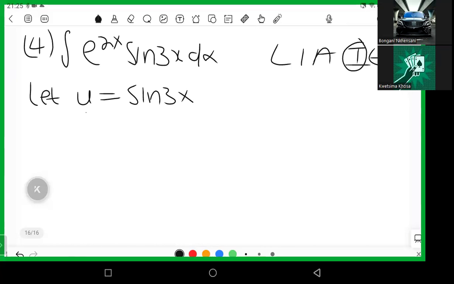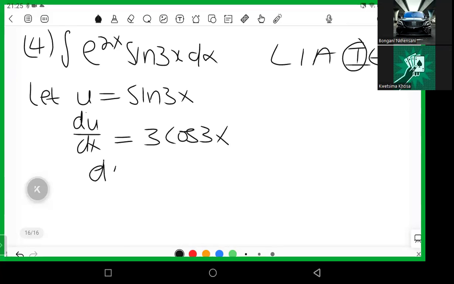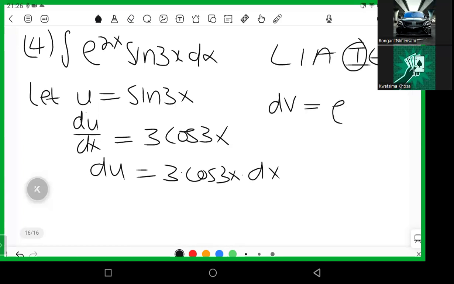Then we differentiate. The derivative of this is 3 cosine of 3x, so du will be 3 cosine 3x dx, and then dv will be equal to e to the 2x dx.